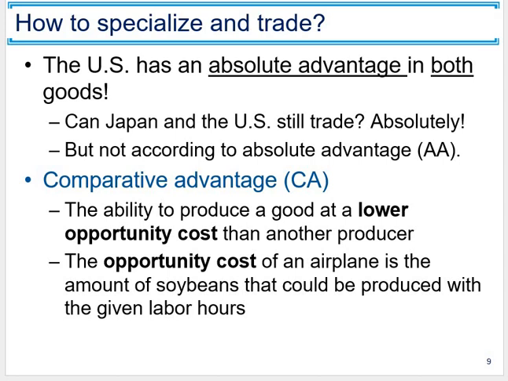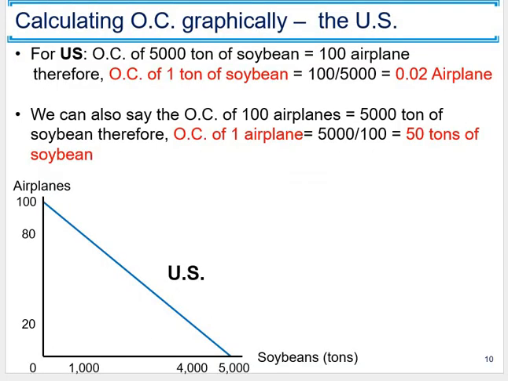That's how much soybeans we are giving up. We can use graphs to help us calculate it. I use OC here to be short for opportunity cost.